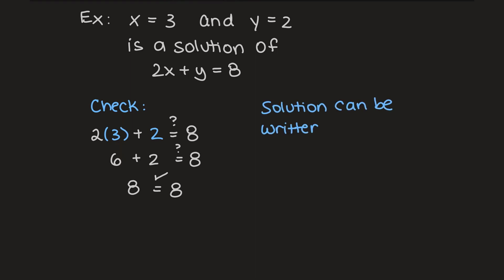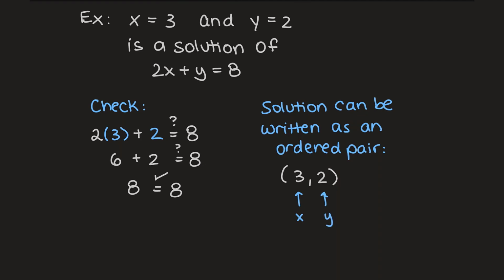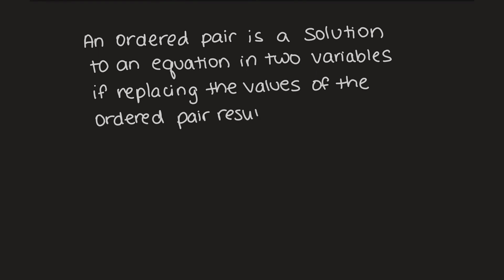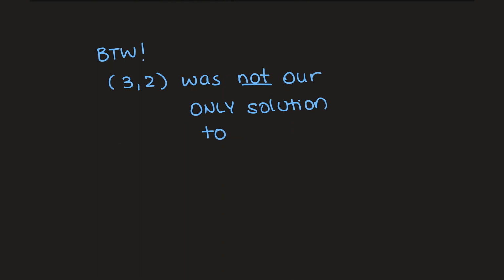We can write the solution as an ordered pair, writing the x value first and then the y value second. Okay, so an ordered pair is a solution to an equation in two variables if replacing the values of the ordered pair results in a true statement. By the way, (3, 2) was not our only solution to 2x plus y equals 8.